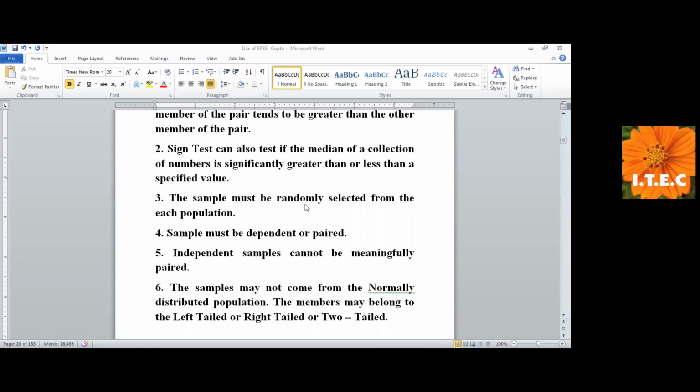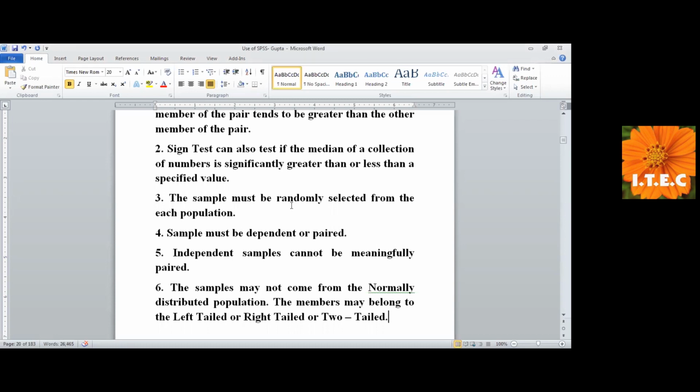So once they say randomly, randomly means each member will have an equal chance. Say you may have male and female. So you have the male people and the female people.